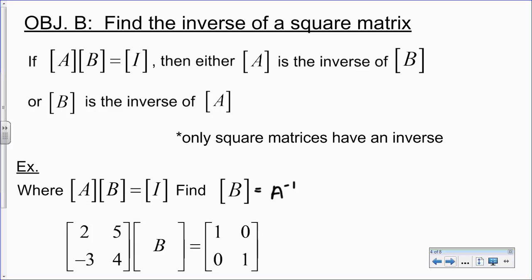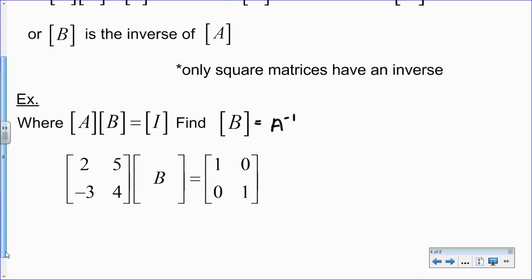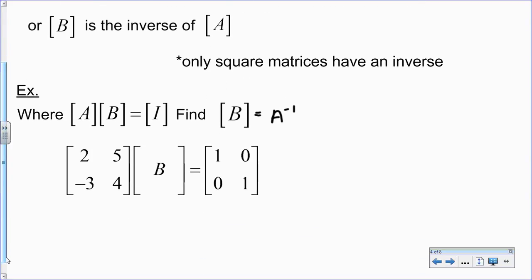We use this little notation with the -1, A to the -1, that means inverse. So I'm going to find the inverse of A, just like I did in the previous problem when I was trying to find the identity. First, let matrix B be [A, B; C, D].